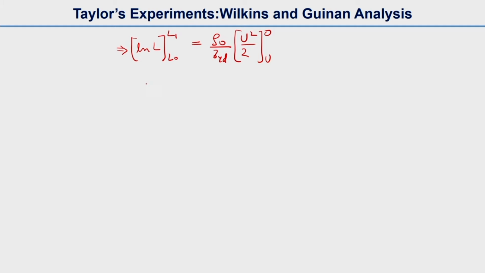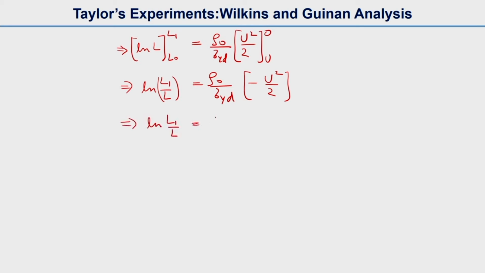So then what we will get is ln L1 by L naught equal to rho naught sigma yd. We have a minus here, so this will give us finally ln L1 by L naught is equal to minus rho naught u square by 2 sigma yd.